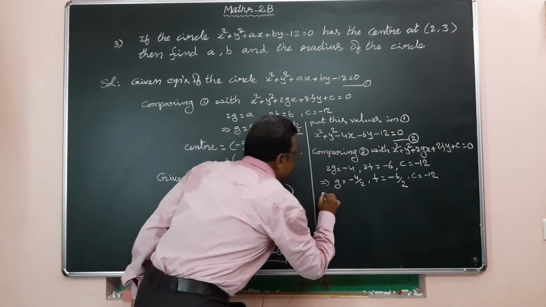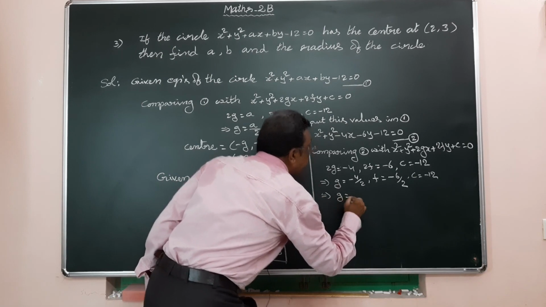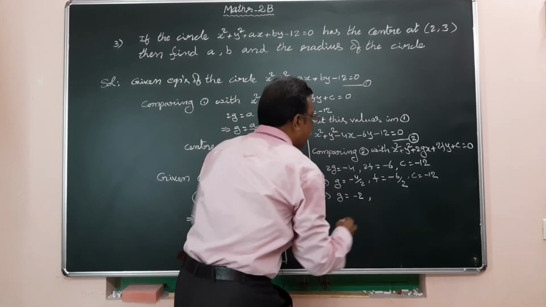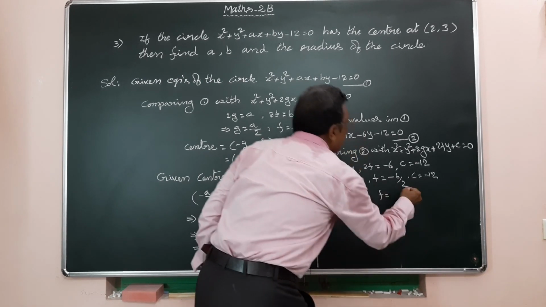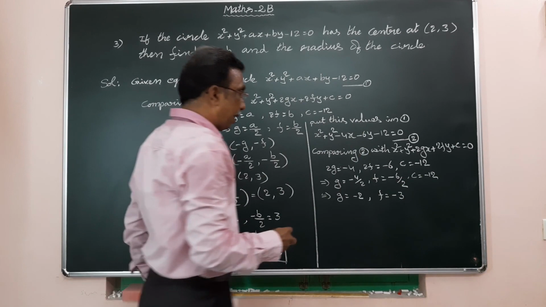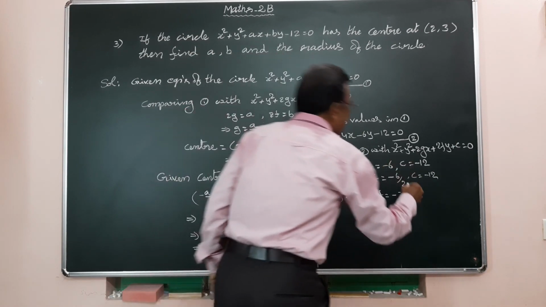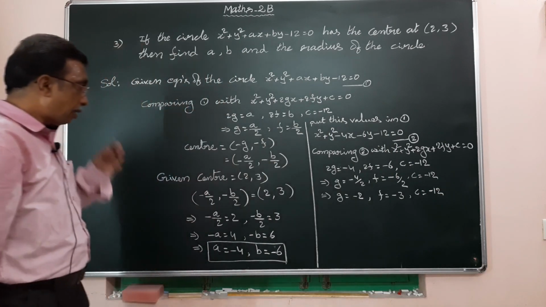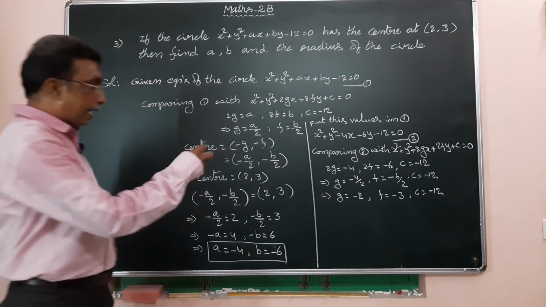That implies g equal to minus 2, since 2 cancels 2 times. f equal to minus 3, since 2 threes are 6. c equal to minus 12. And next we find out the radius.